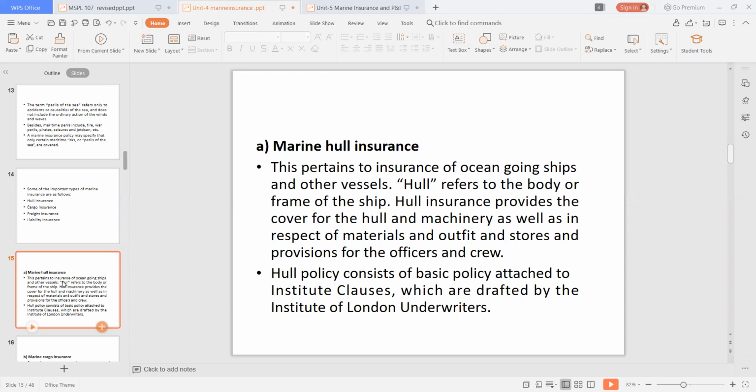Nowadays, every ship is made with watertight compartments, so in case any particular compartment is flooded due to collision or anything else, the ship still cannot sink. They hold up to a certain limit.